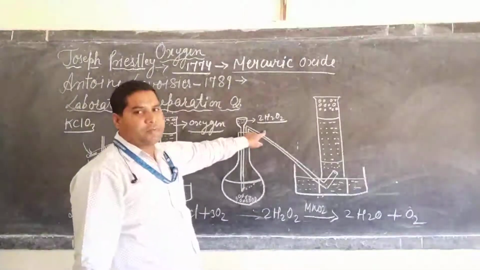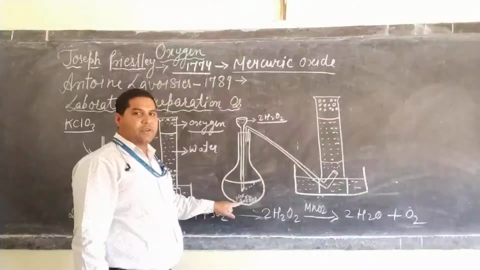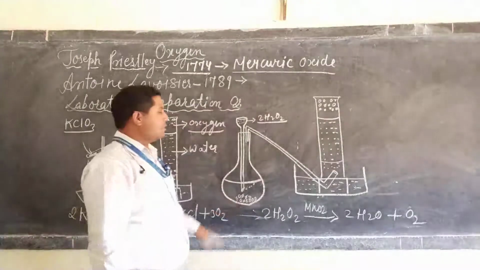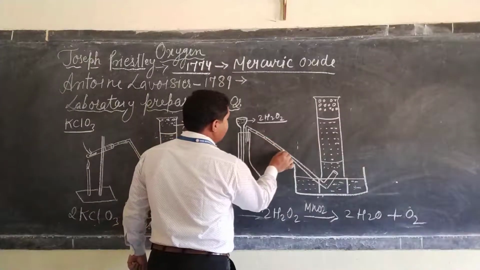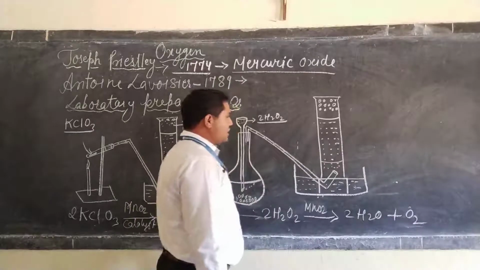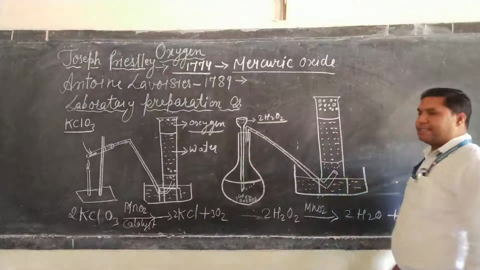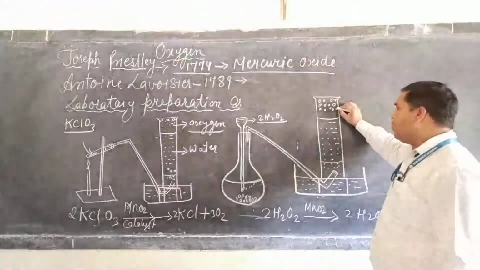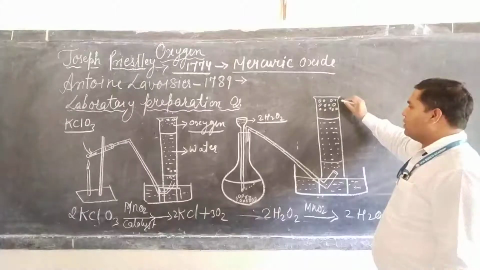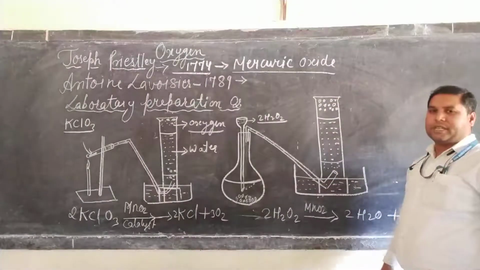Slowly, drop by drop, it combines with the manganese dioxide and releases oxygen, which is collected at the top of the container. Reason behind it? Oxygen is slightly soluble in water, and so it is collected by the downward displacement of water, dear student.